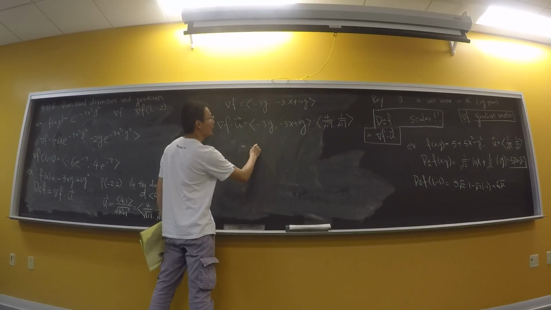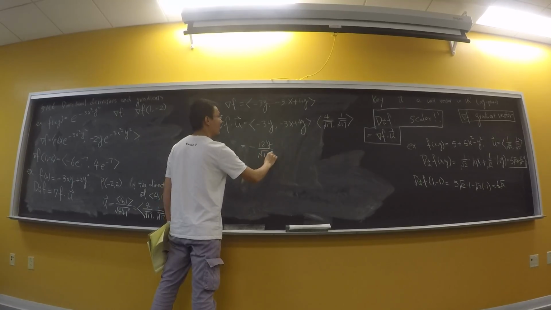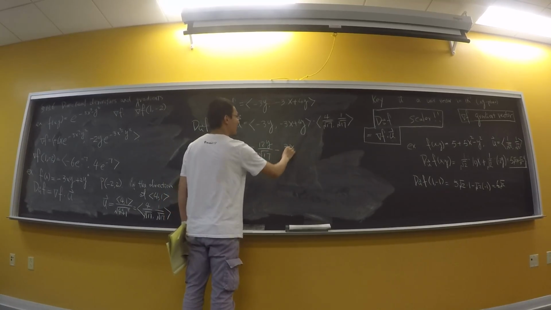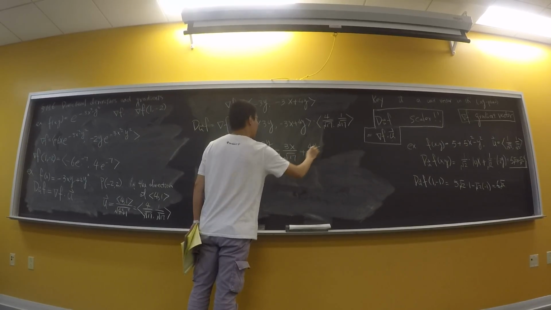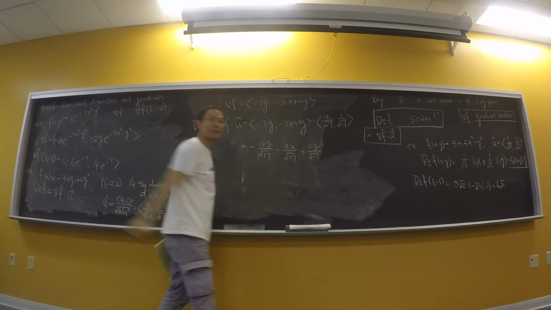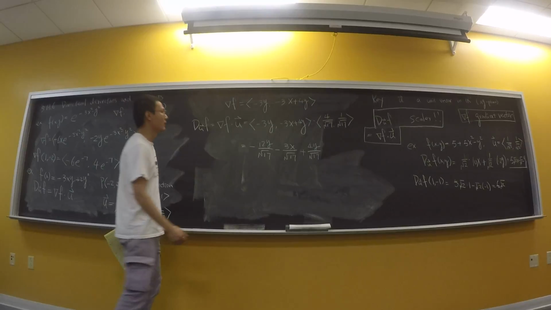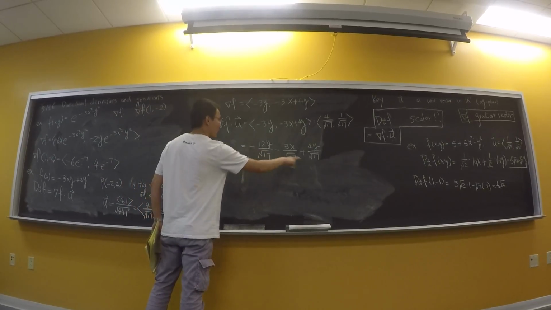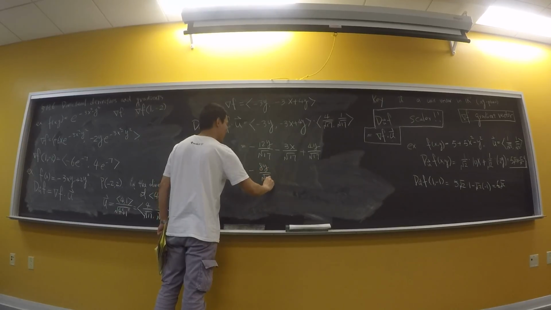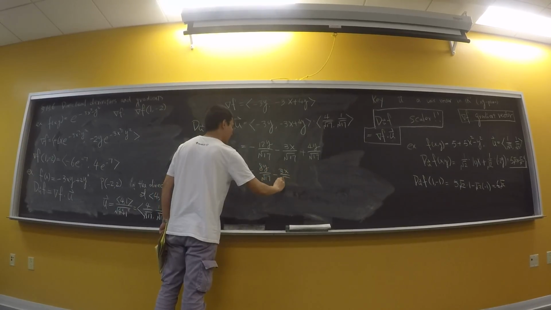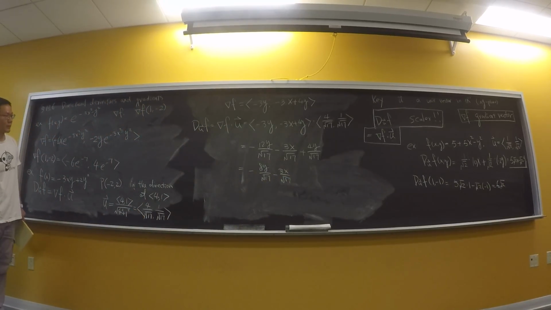It's going to be minus 12y divided by square root of 17 minus 3x divided by square root of 17 plus 4y divided by square root of 17. Yes? Am I making any mistake? Okay, so I can combine the like terms right here. I'm getting minus 8y divided by square root of 17 minus 3x divided by square root of 17. Okay? So that's what we have.